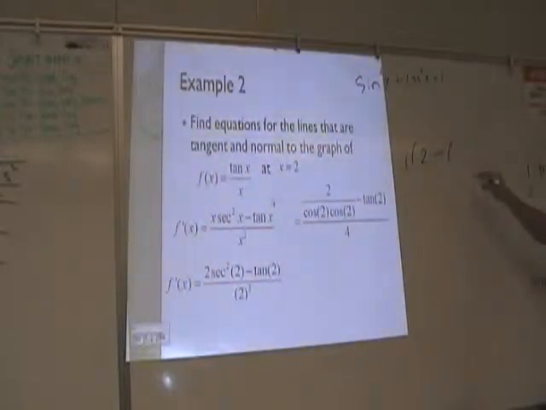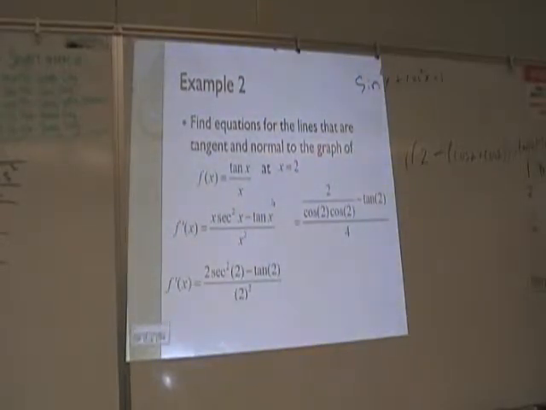divided by, open parentheses again, cosine of 2, close parentheses, open parentheses, no, cosine of 2 times cosine of 2, close parentheses, close parentheses, minus tangent of 2, close parentheses, and then divide by 4. That is how I would enter that if you were to put it in as one thing.